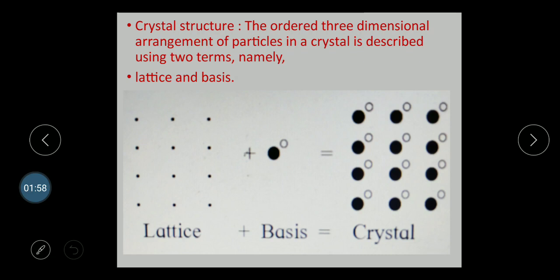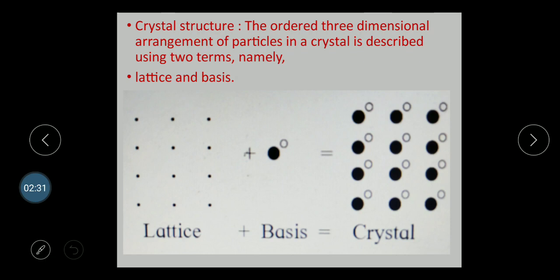Let's say I am decorating a wall. I have to decorate a wall, and I am thinking that I will decorate my wall with some nice pattern of stars. So first I will put some hooks on my wall in some rectangular or square pattern, and then I will cut out stars, and I will hang the stars on my hooks, so I will get a nice pattern of stars.